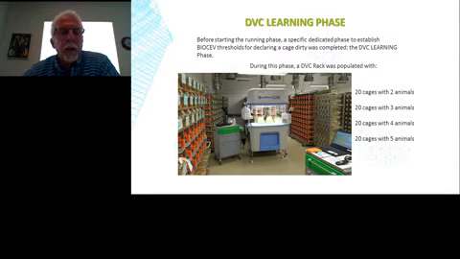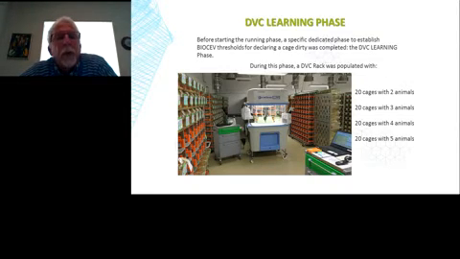So going back into the BioSieve facility and their specific area with the DVC system or the EMF system, what was done first was a learning phase. So 20 cages with 2 animals, then 20 cages with 3 animals, 20 cages with 4 animals, and 20 cages with 5 animals. This declared what a dirty cage was for the system based on these densities overall.